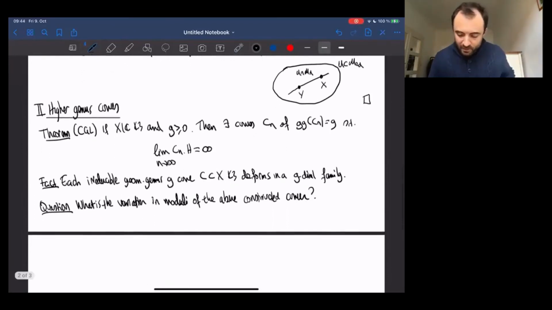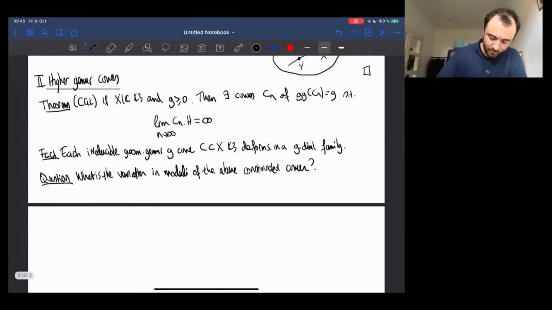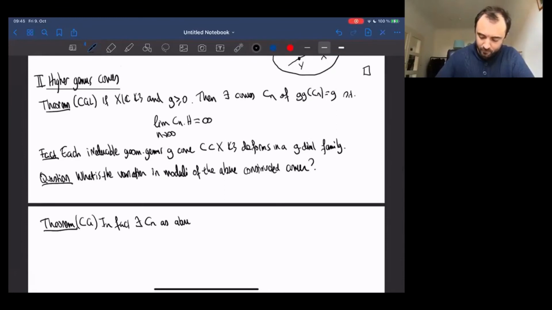Okay, so this is completely not clear by the construction that we had in our paper last year. And we worked on this with Shi Chen and proved the following theorem. Basically, it says that, in fact, there exist Cn as above, well, sorry, let me write this a bit differently.